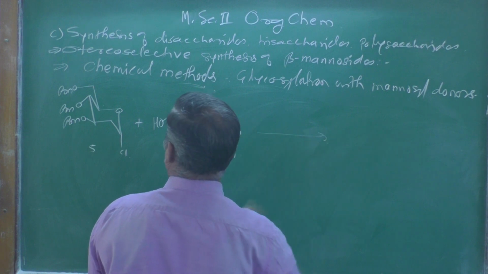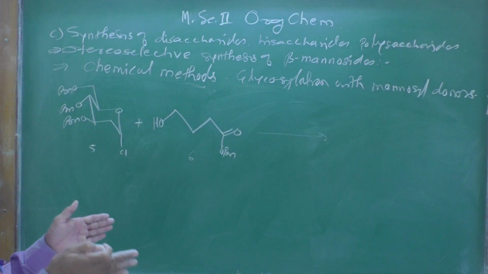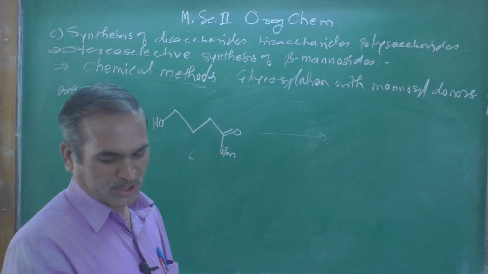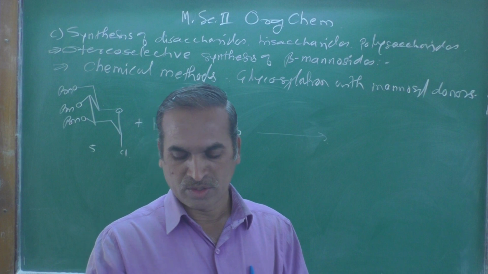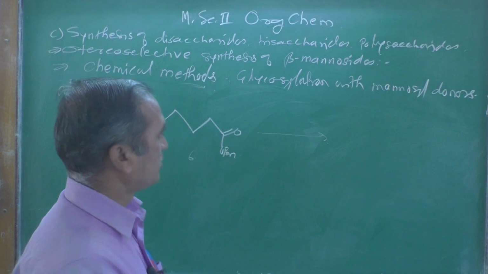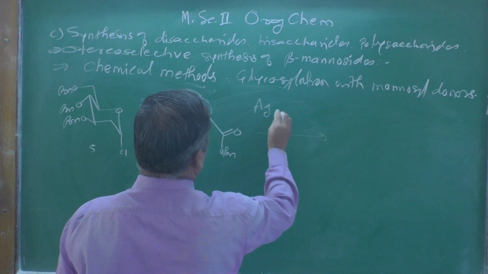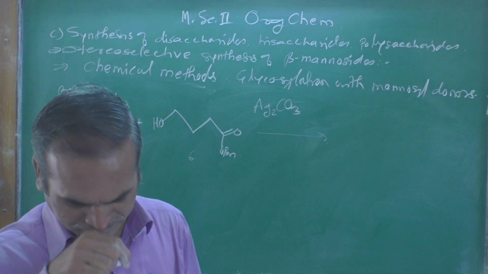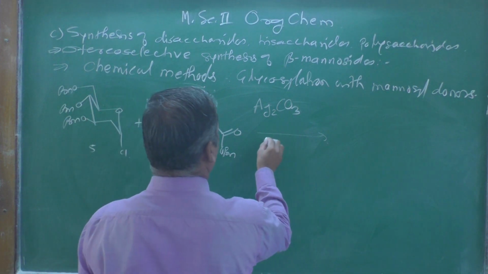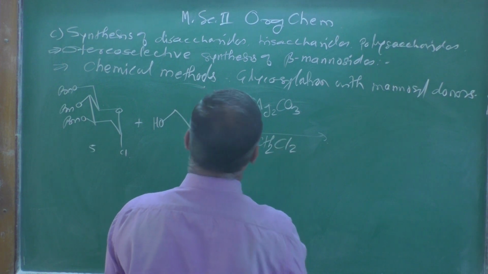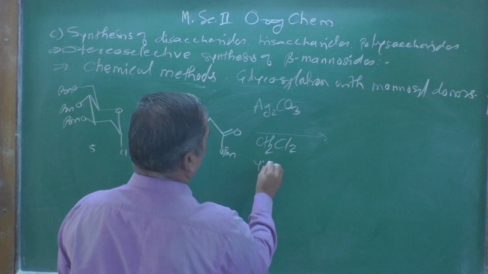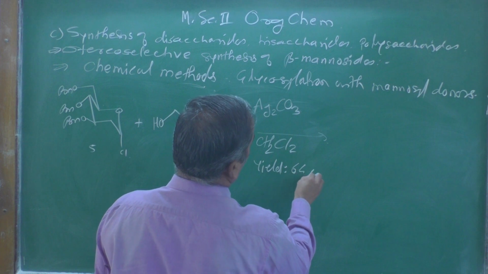When structures 5 and 6 react together under the reagent Ag2CO3, silver carbonate, in the presence of DCM, CH2Cl2, dichloromethane, the yield obtained is about 64%.